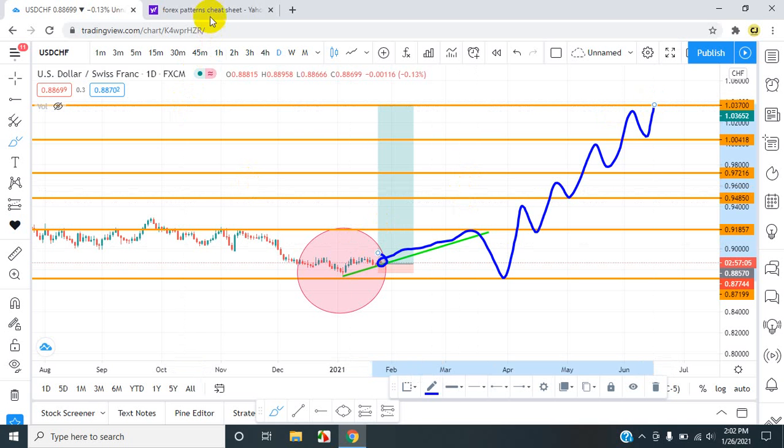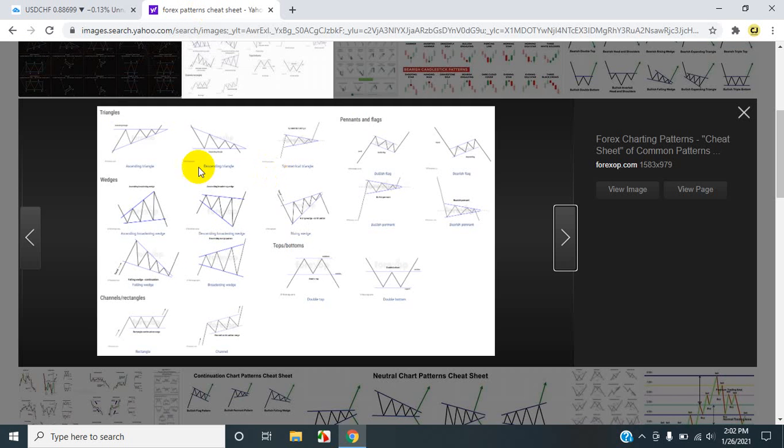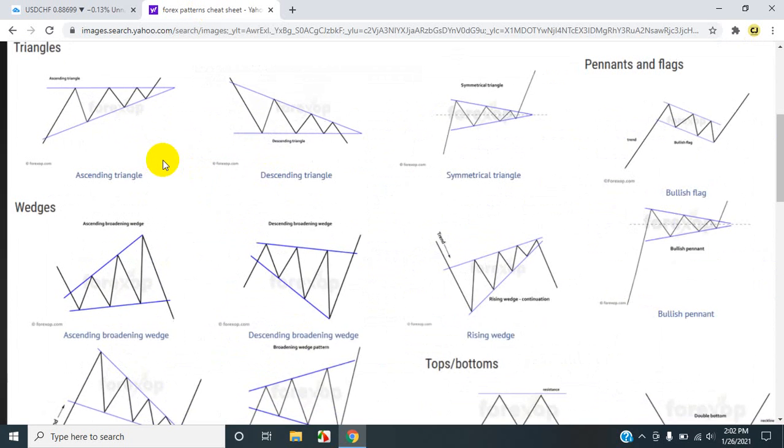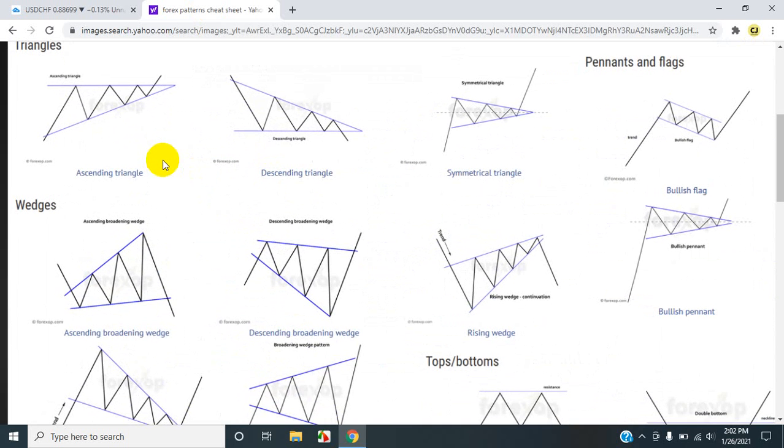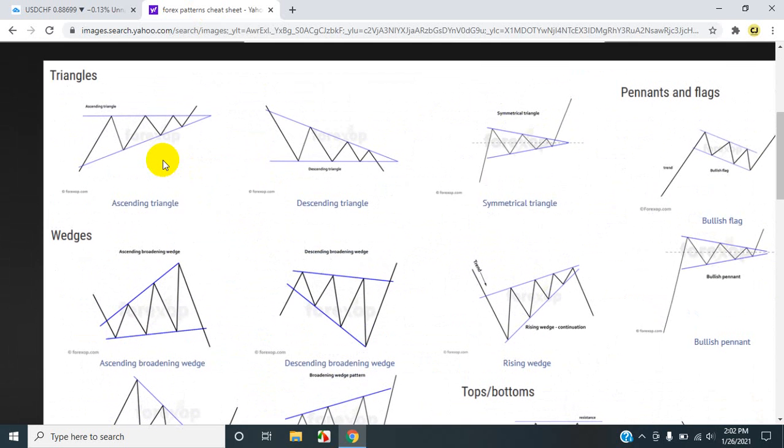Alright guys, let's take a look at our Forex cheat sheet. Let's play with some wedges and some patterns. Let's take a look at the triangle pattern, which will be the ascending triangle.